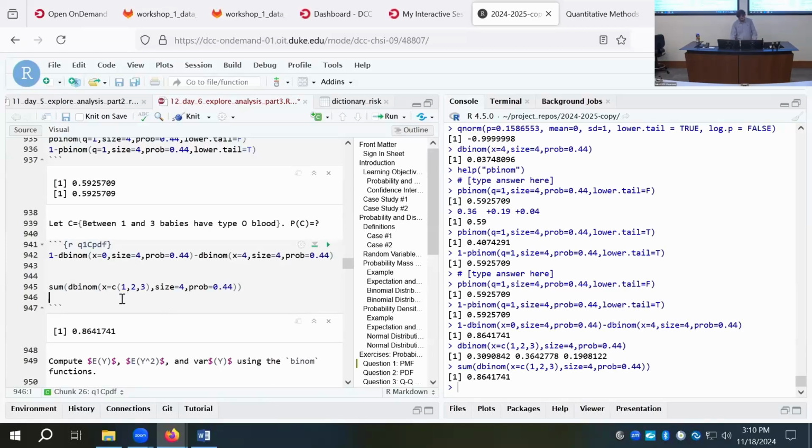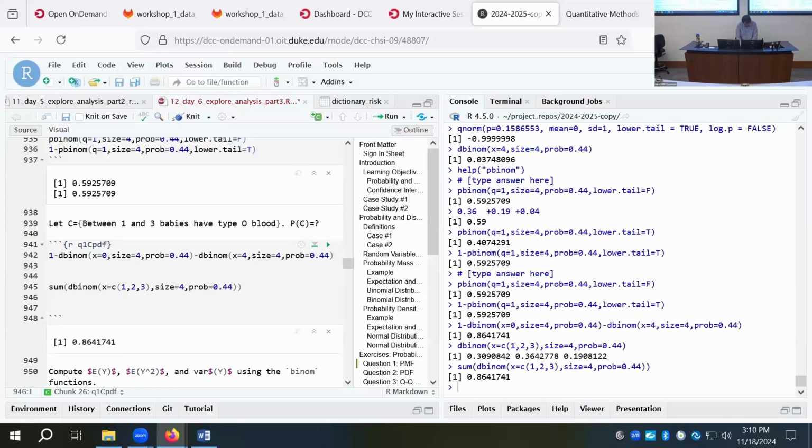And I think another way, let's see if I can do this right. If I do pbinom 3, size equals 4, prob equals 0.44, because remember pbinom is 3 or less, and I go minus pbinom 0, size equals 4, prob equals 0.44.